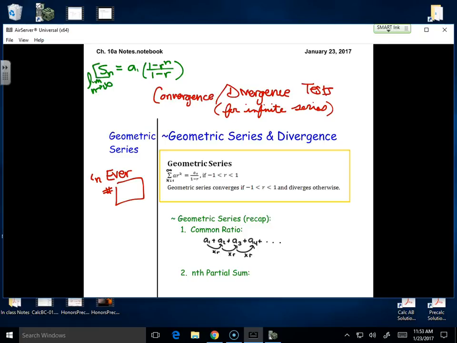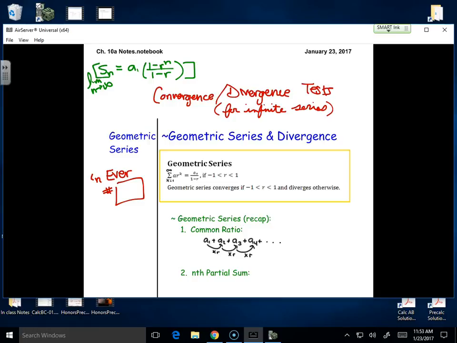So we could take the limit as n approaches infinity, not of the sequence, but of the partial sum. And on the left-hand side, that denotes the infinite series. But on the right-hand side, how do you take the limit to infinity? What's the only place that n occurs? In the top, r to the n.